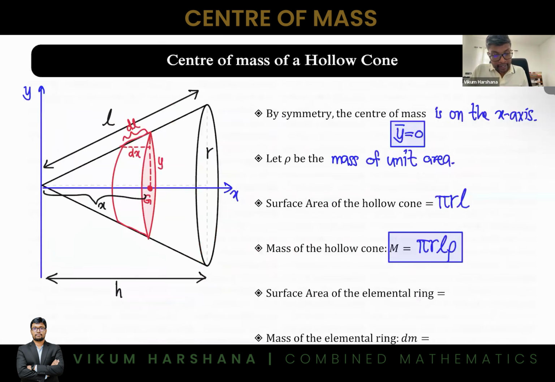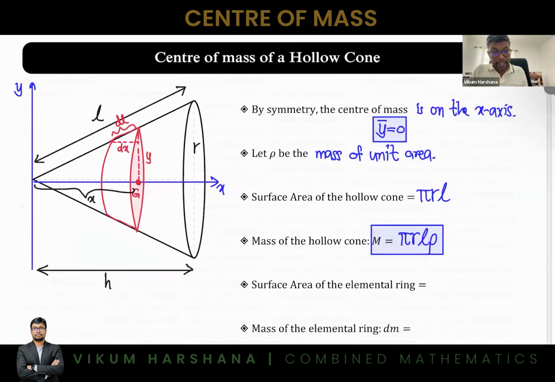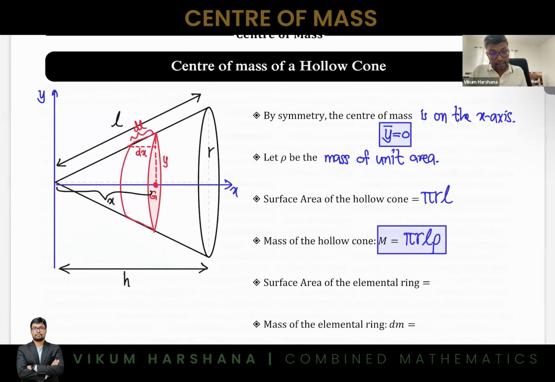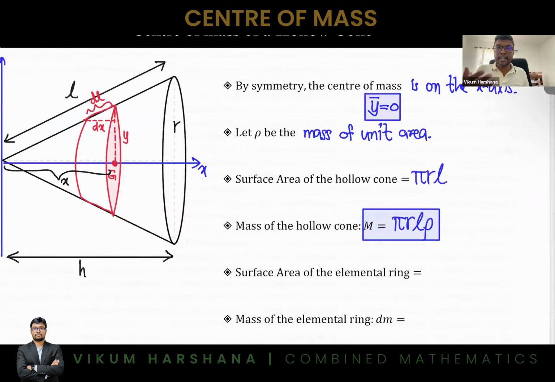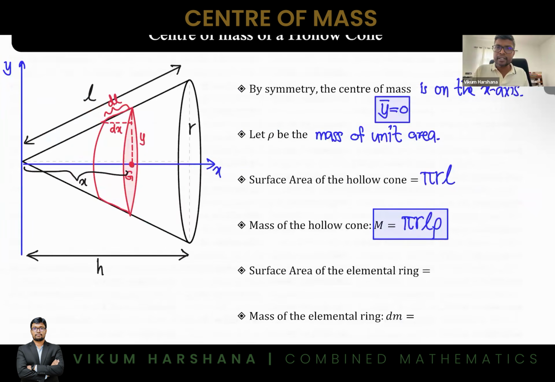So, what is the surface area of an elemental ring? It can be written as this. It's a surface area, right? Remember the surface area of a cylinder. Surface area of a cylinder, I mean the curved surface, it's 2 pi r h, right? Grade 7. 2 pi r h. So, here 2 pi r is y.